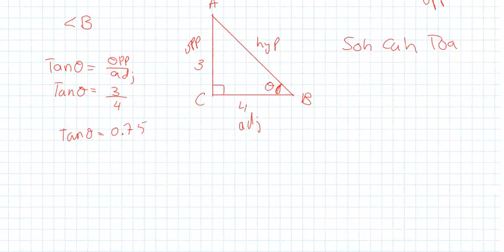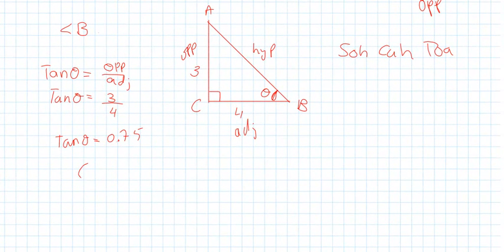So this is where you're going to have to press your second or shift button, or whatever shift button that you have, to reach that. Anytime I'm looking for the angle, I'm going to have to perform the inverse function, which we call tan inverse, in this case, of 0.75. So it's a matter of taking your calculator, pressing second or shift, tan 0.75. Unless your calculator is backward, you have to put 0.75 first.